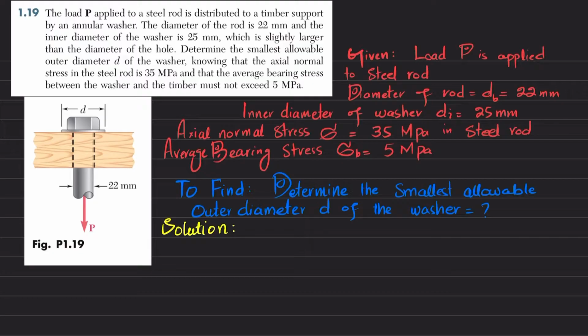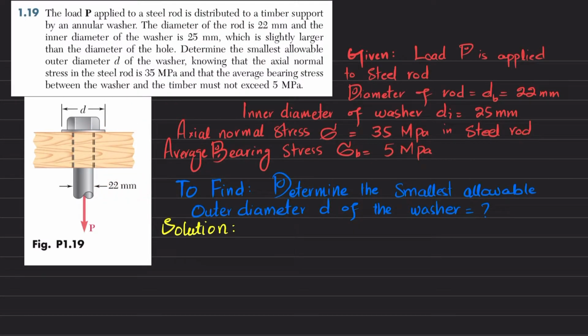You can see this is the steel rod where load P is applied, and this is the timber. In between the rod and timber, there is an annular washer whose outer diameter is D and inner diameter is DI, which is given as 25 millimeter. The diameter of the rod is 22 millimeter.